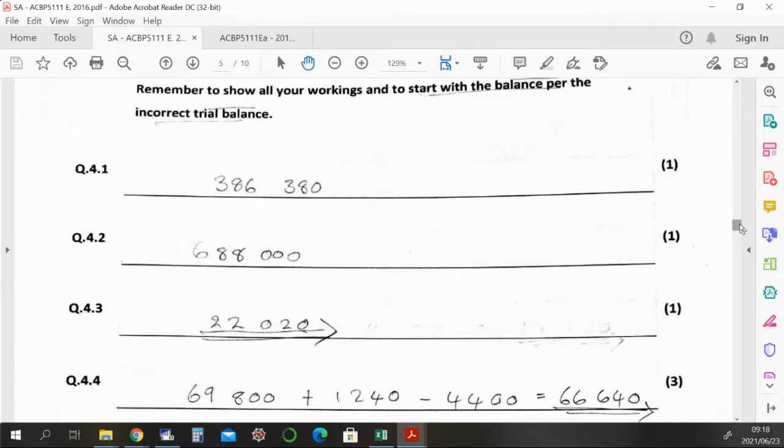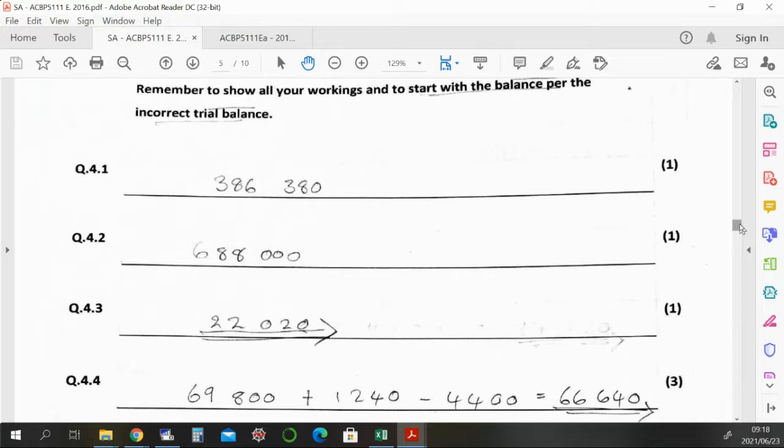Input VAT was claimed correctly. When you see that input VAT was claimed correctly, you know that I can ignore that. I don't need to worry about that. It's been done already. The error is in the accounts that were debited or credited.